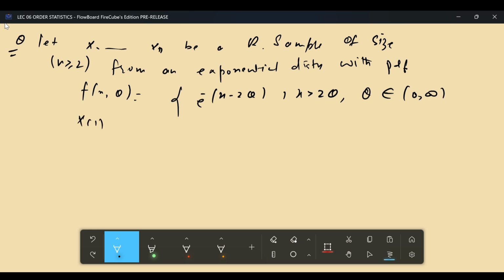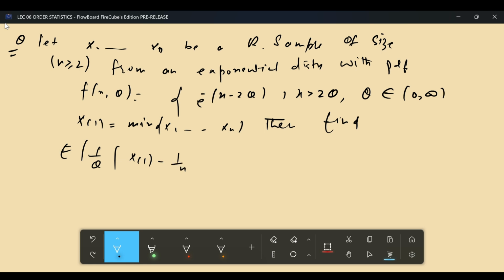Then x1 is the minimum of x1 up to xn. Find the expectation of 1 by theta times (x first order statistic minus 1 upon n) given x1 minus x2 is equal to 2. Then find the value of this.